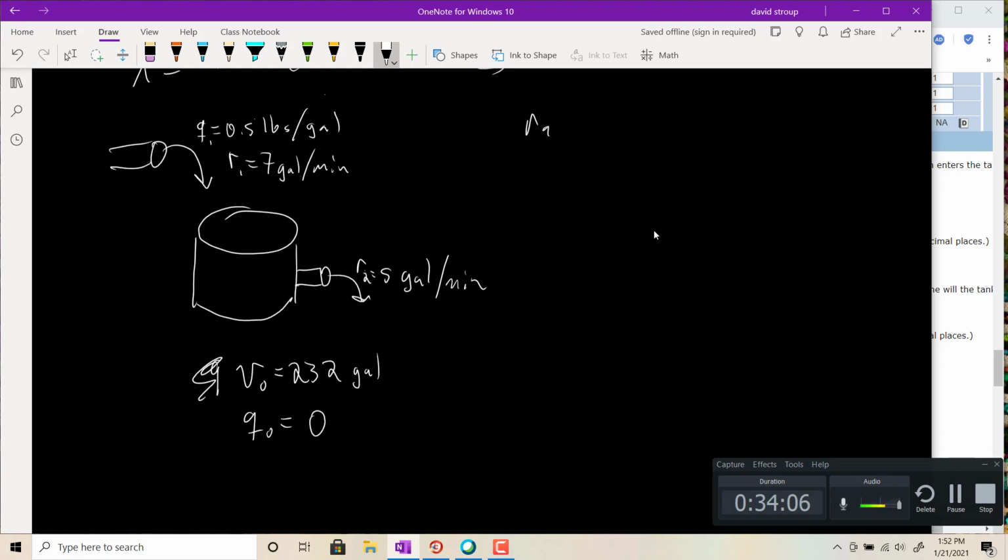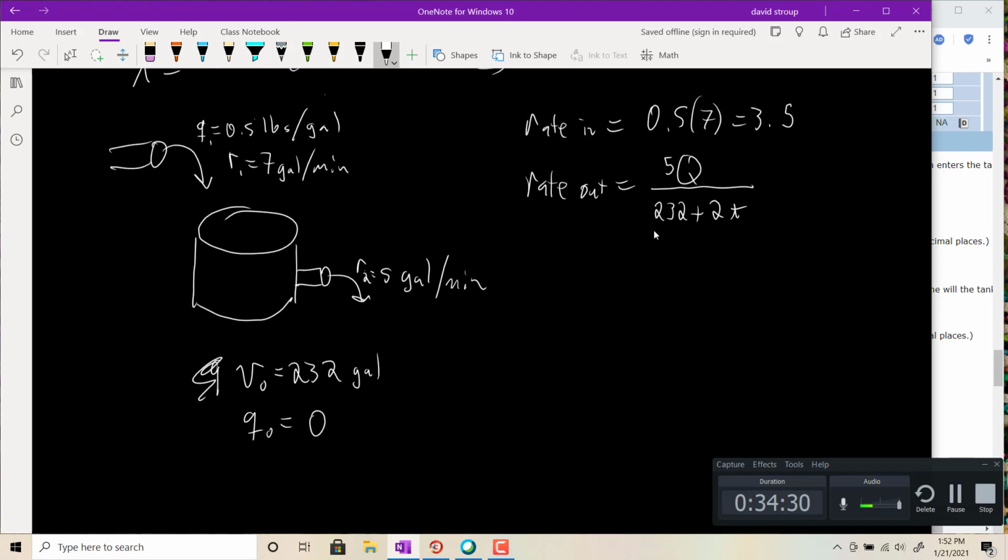Your rate in is going to be 0.5 times 7, so 3.5. Your rate out is going to be big Q times 5 all over V sub 0, which is 232, plus the difference of R1 and R2, that's 7 minus 5, which is 2t.